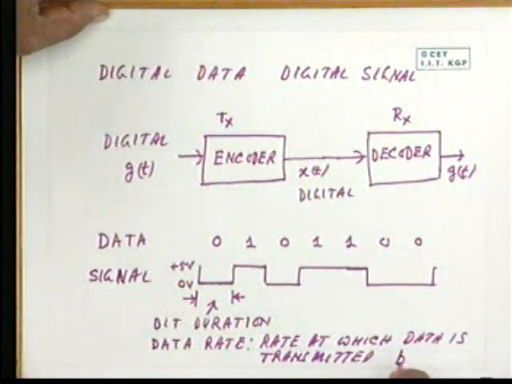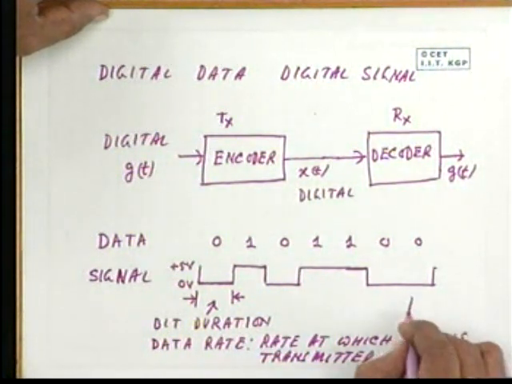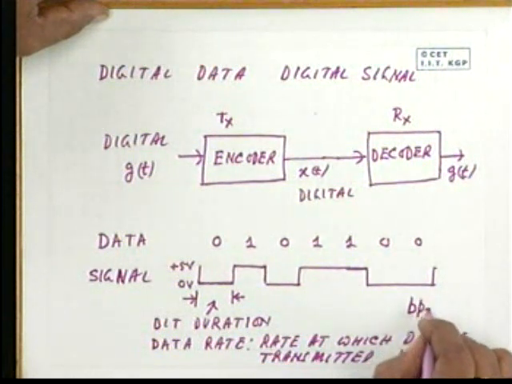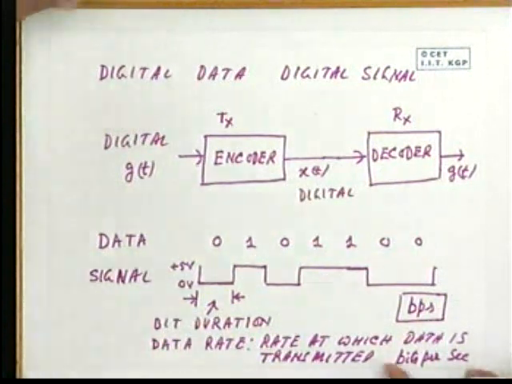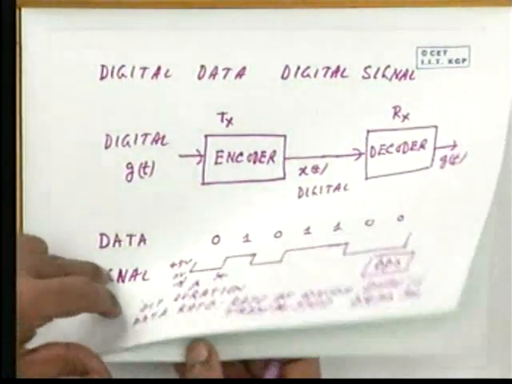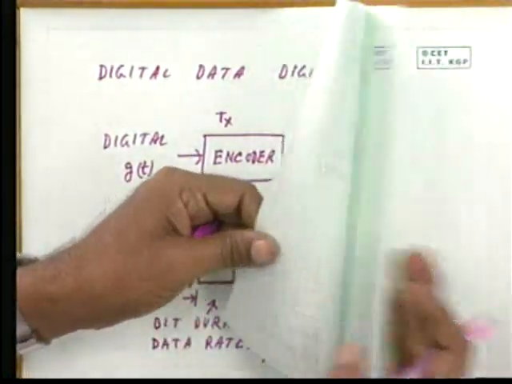And it is expressed in bits per second, or BPS. That is a unit for data rate. Let us now consider various encoding schemes or encoding formats.